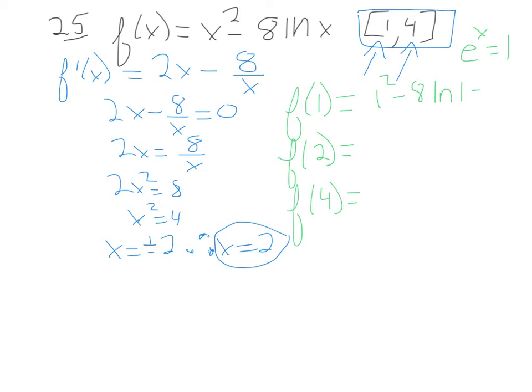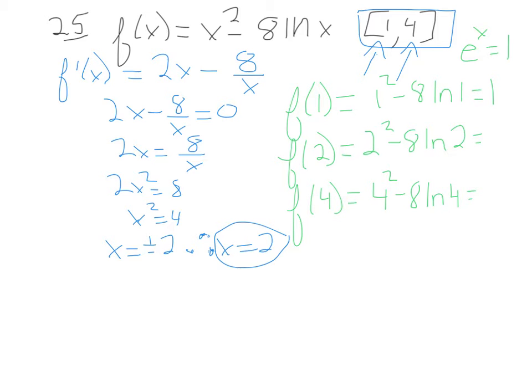And so that basically just makes that whole thing 8 times 0, or 0. So same idea here, you're going to have to use your calculator because when you get into ln of 2 or ln of 4, you're just going to have to punch those into the calculator and get a decimal answer there.